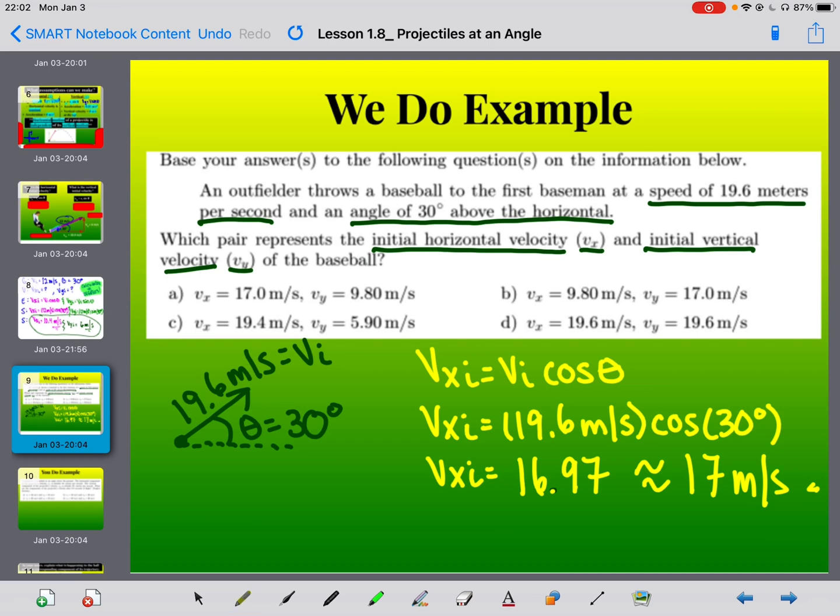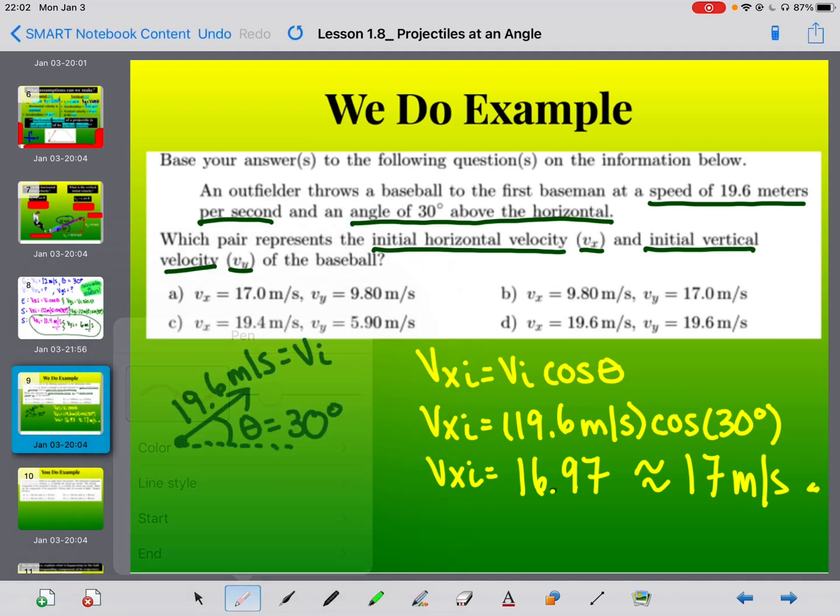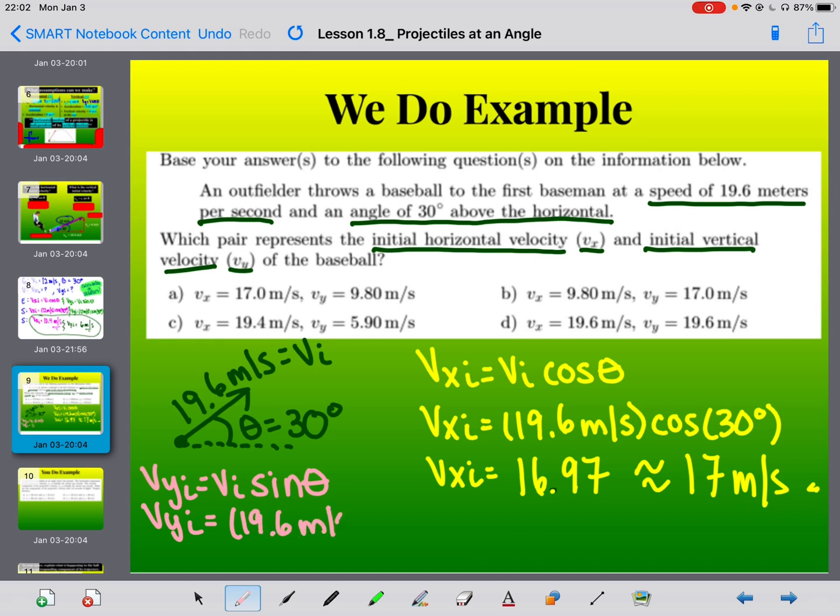And then for Vy, my Vyi equals Vi, not cosine, we are in fact using sine theta. So Vyi equals 19.6 meters per second times sine of 30.